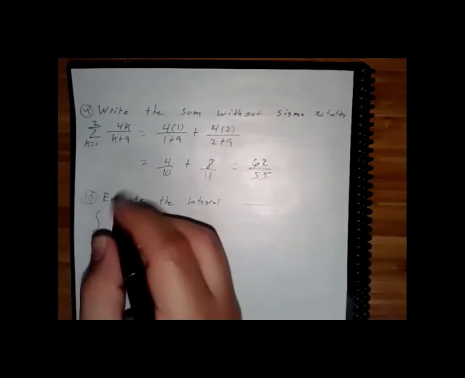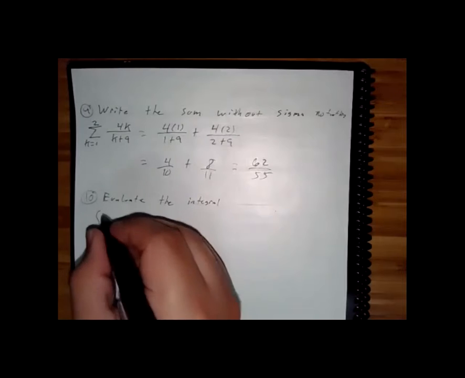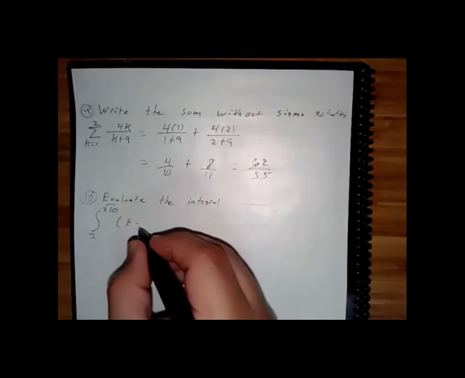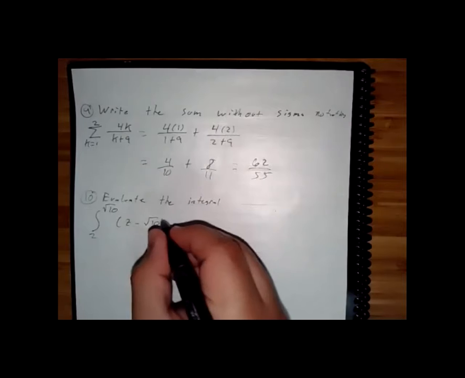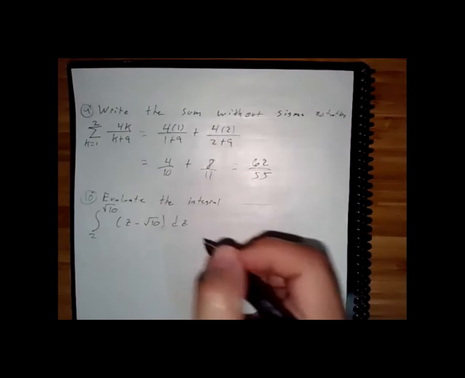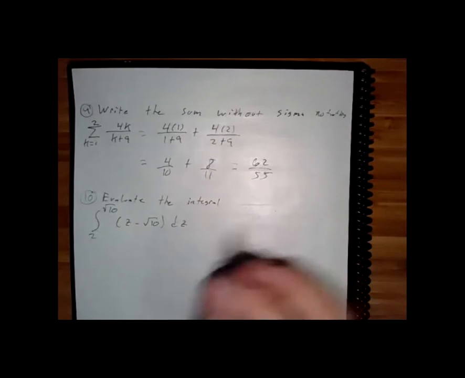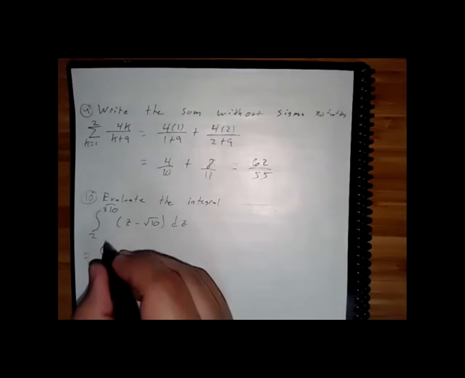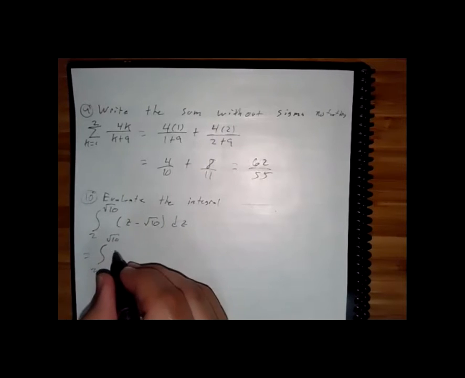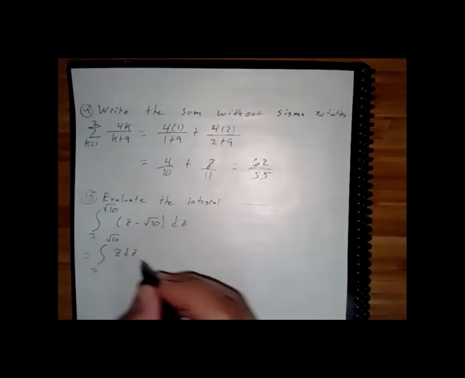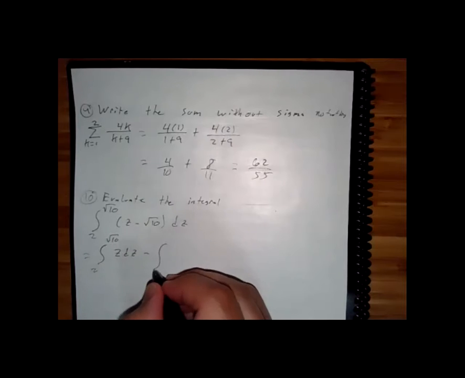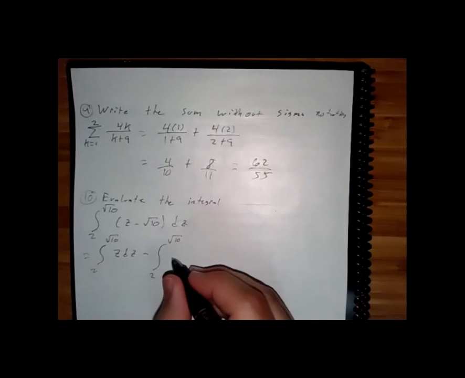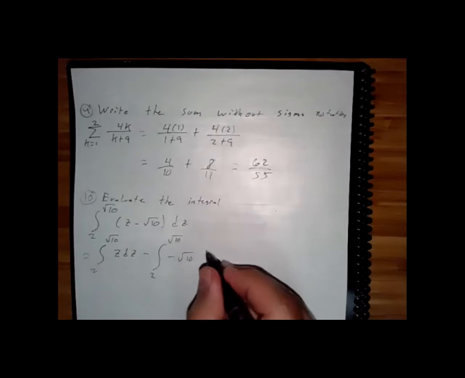Number 10, evaluate the integral from 2 to square root 10 of z minus square root 10 dz. So that'll be the integral of z dz minus the integral of root 10 dz.